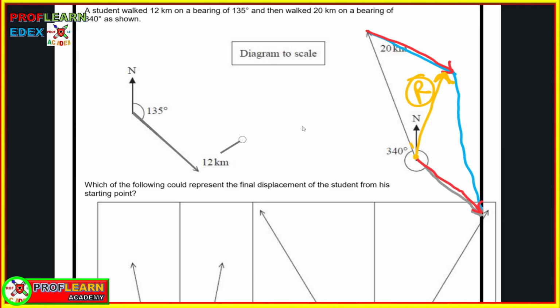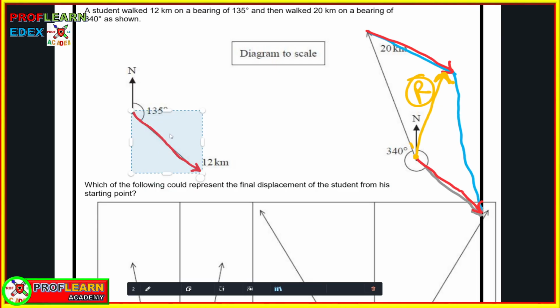if we have a vector at this point going that direction, let me just remove this. If we have a vector pointing this direction at this point, then we want to shift that vector so that we can join it to this other vector at this point here, so that we can draw a parallelogram.